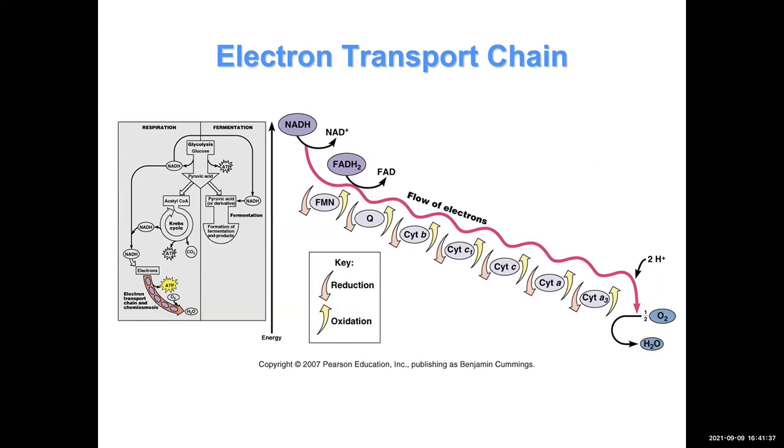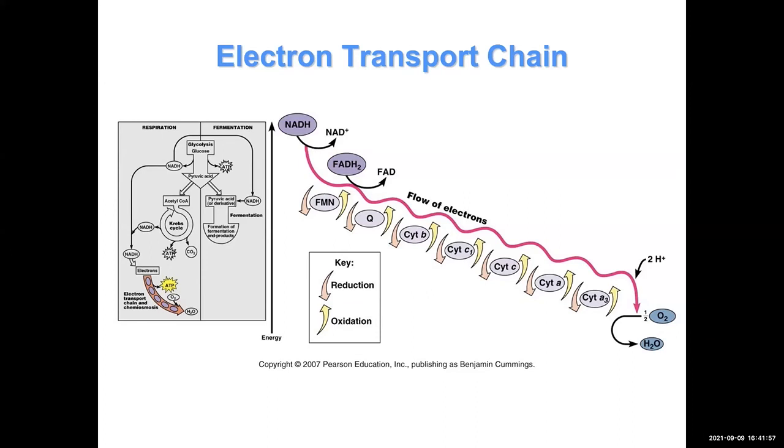So here we see the electron transport chain. NADH is going to enter the electron transport chain and go through a series of oxidation reduction reactions. As it goes from protein to protein being reduced and oxidized, it is releasing protons, releasing hydrogens.